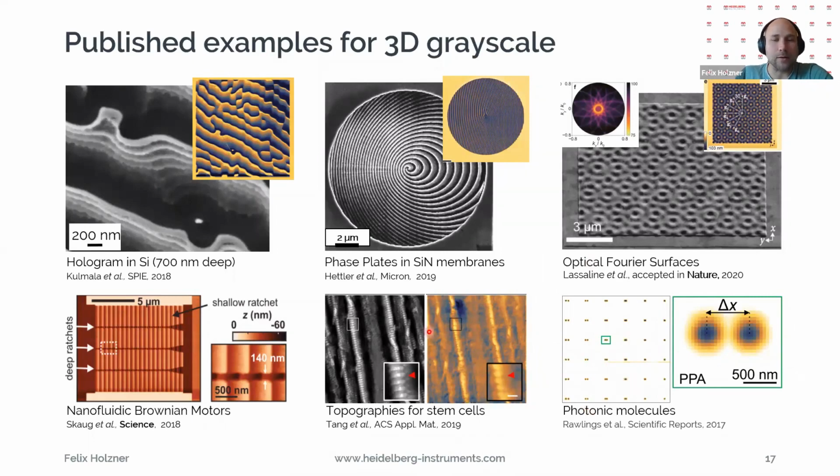Interestingly, there are also some examples going towards bio applications with these kinds of surfaces for stem cell differentiation. And we will hear in a separate webinar what IBM is doing now, which is nanofluidics.